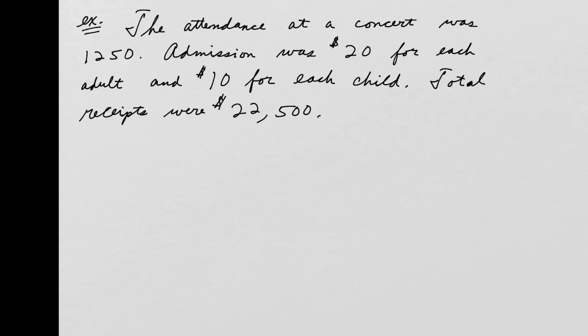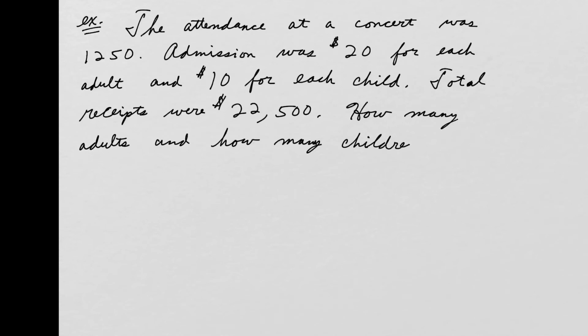And the question is, how many adults and how many children attended the concert? Okay, so ultimately this problem is going to translate into two equations by two unknowns, right?